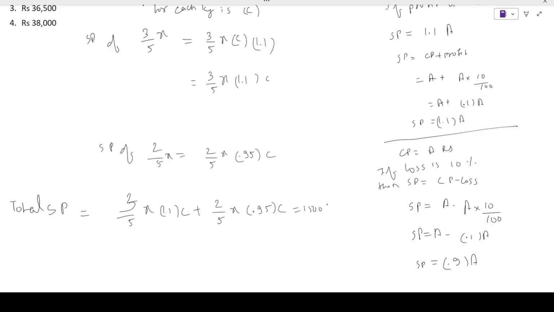The total part is x kg. For each kg we have C cost price plus 1500.